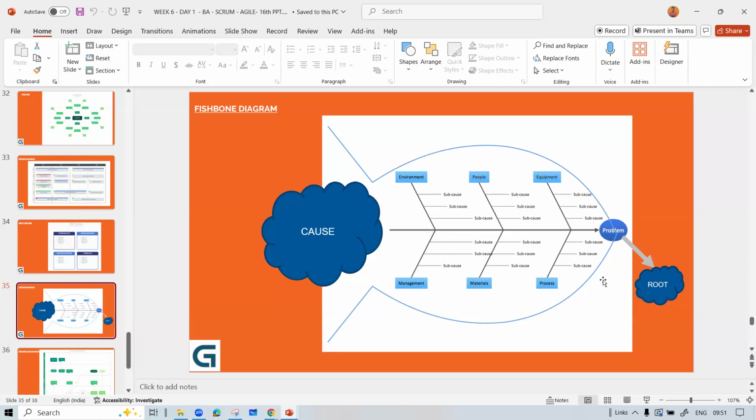Okay, absolutely right. What you see here is the root cause analysis diagram using the fishbone diagram method. The whole purpose behind this is to identify the solution behind a problem. The problem that exists could be the result of some other activities that happened before it occurred.